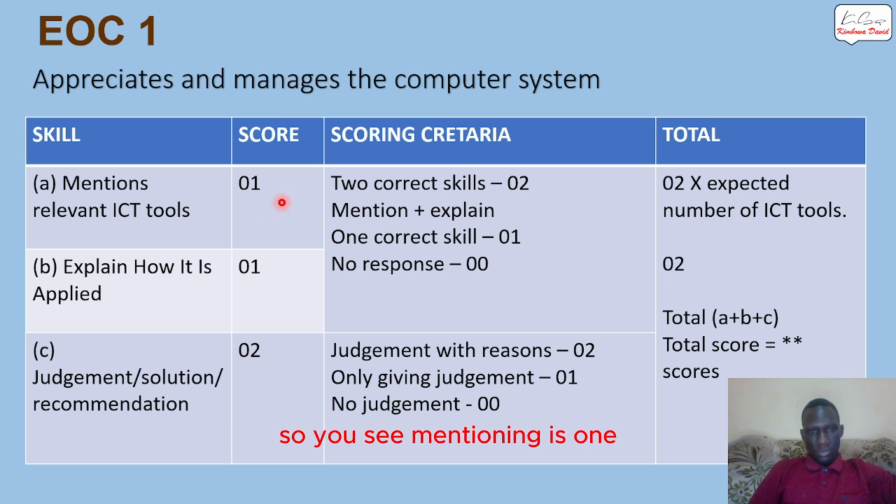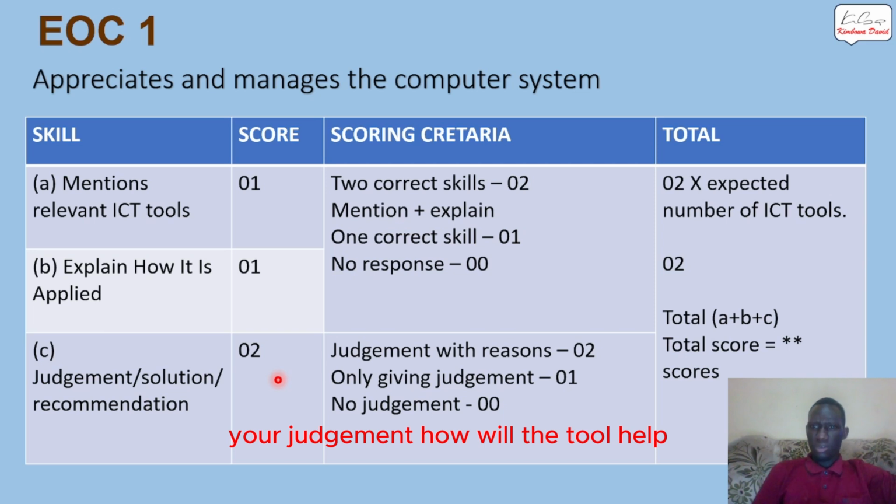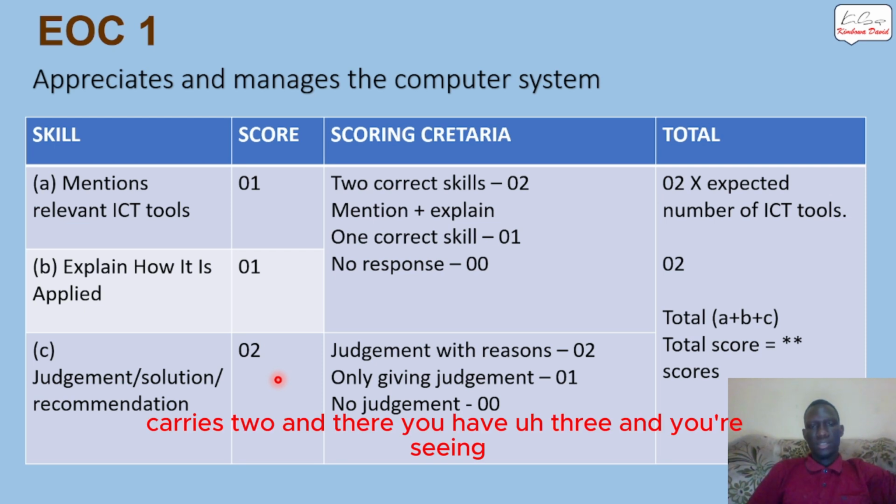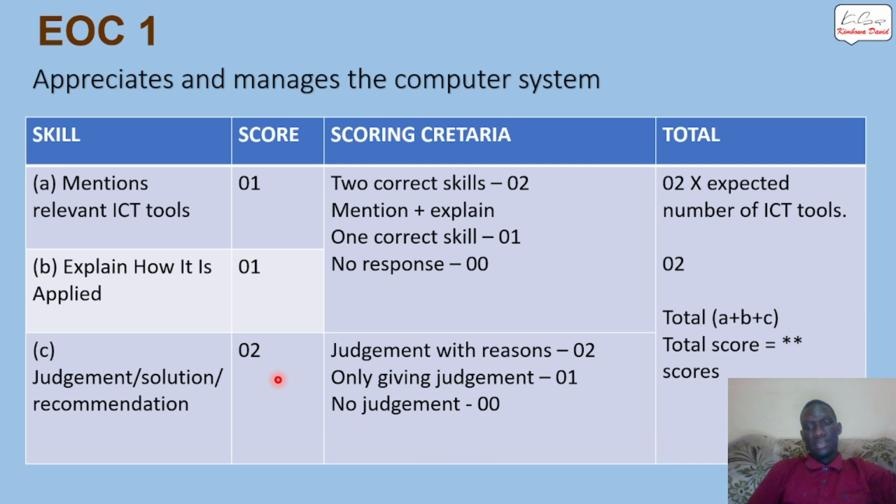So you see, mentioning is a 1, description is a 1, or explaining how it is applied, and number 3, your judgment, how will a tool help in solving a problem that is in the scenario, carries 2, and there you have 3. And you're seeing the weight falls in your judgment.